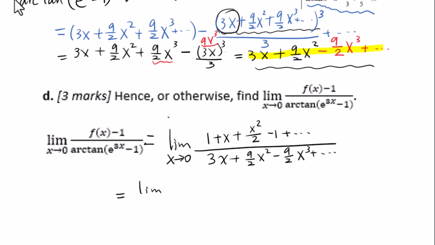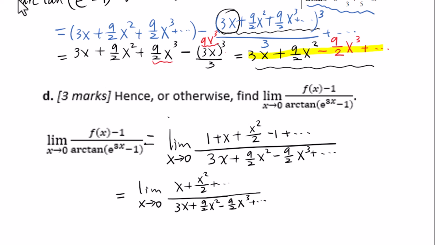Simplify: the limit as x approaches 0 of x plus x squared over 2, over 3x plus 9 over 2 x squared minus 9 over 2 x to the third power.